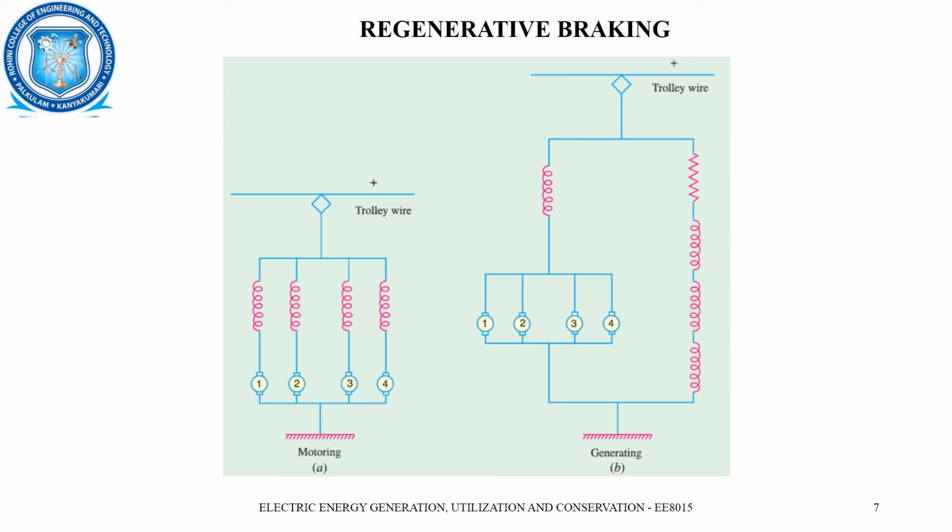Here we supply electricity to the traction, and that produces the mechanical movement. If we apply a brake, then when the braking system is applied, the speed gets reduced. When the speed is reduced, in the case of regenerative braking, the motor is converted into a generator.